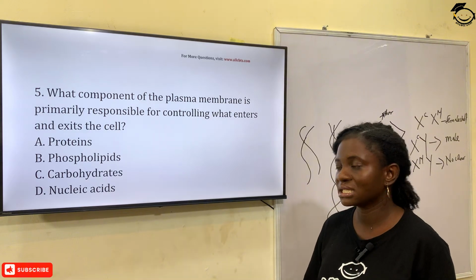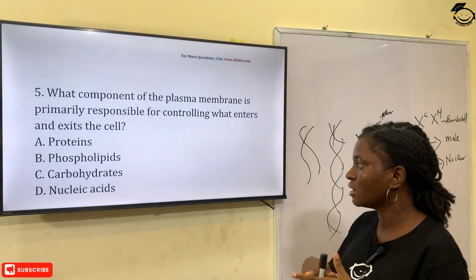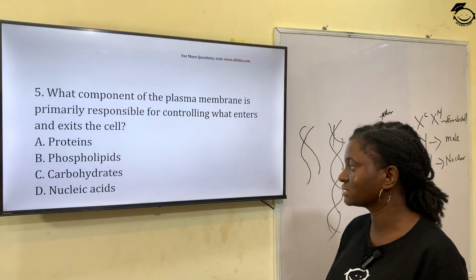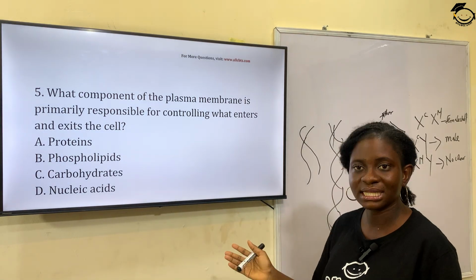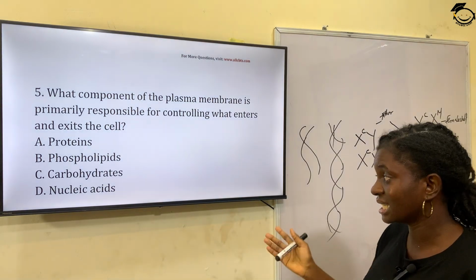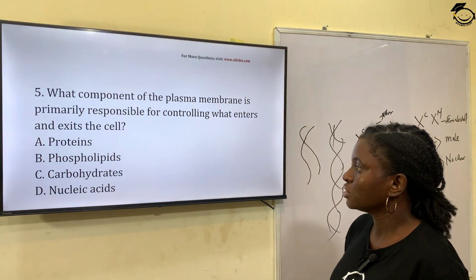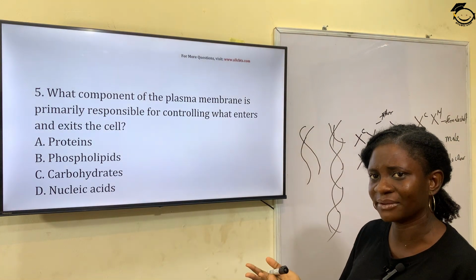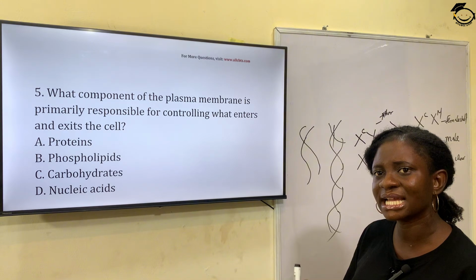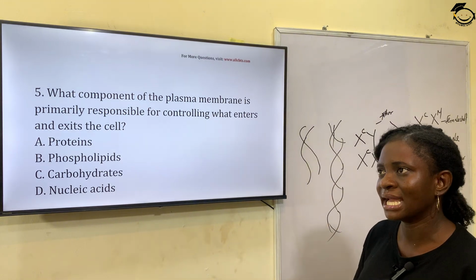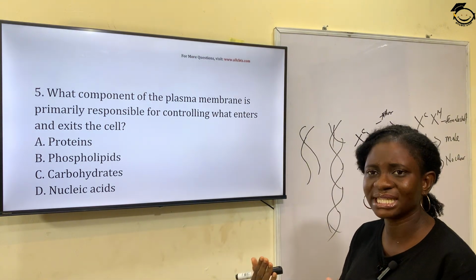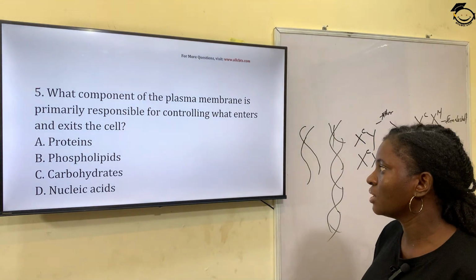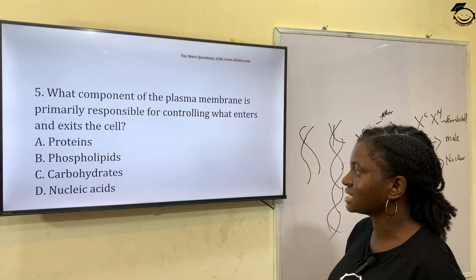The protein is involved in transport of molecules, and carbohydrates help in signaling in the cell membrane. So the phospholipid is a bilayer, with the hydrophilic and the hydrophobic layers, and this controls the entry and exit of substances into the cell. So the correct answer here is the phospholipid.